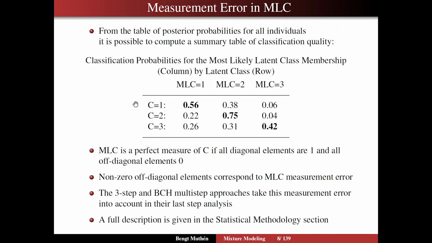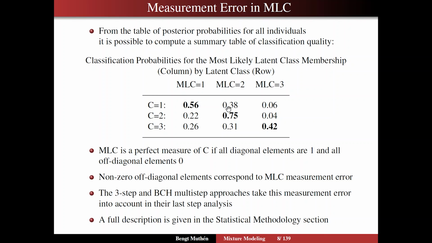Let's take a look at an individual whose true class membership is 1. The probability of the most likely class variable being observed as 1 is 0.56. It is not 1.0 as we would want it to be. It's not a perfect correspondence between the two variables.